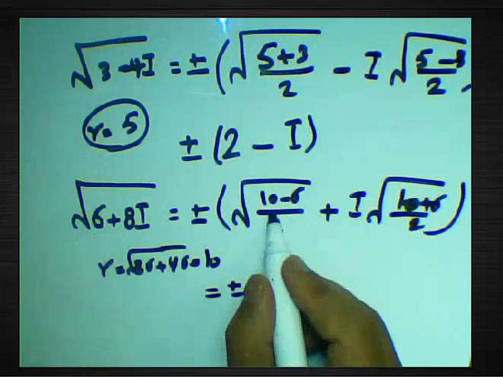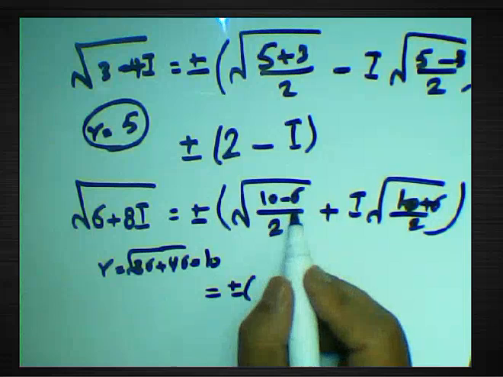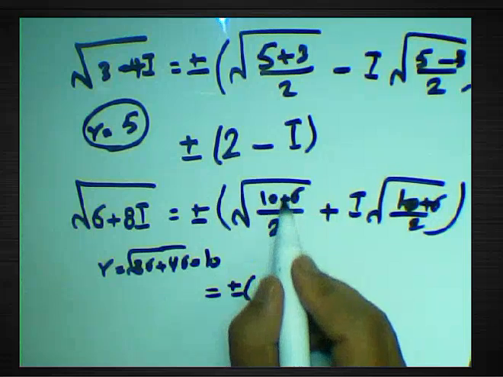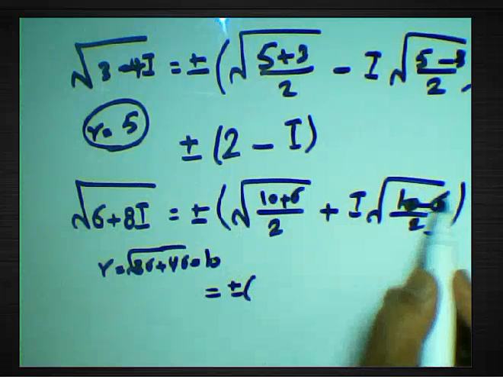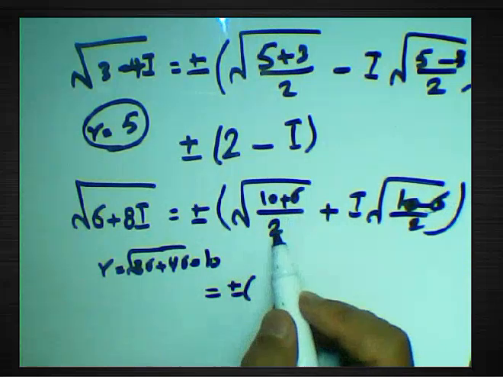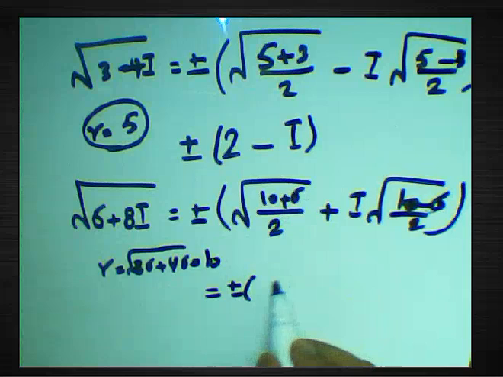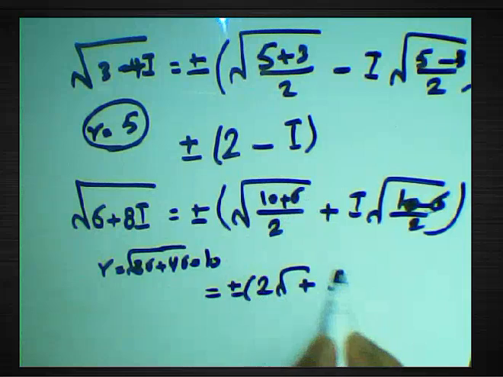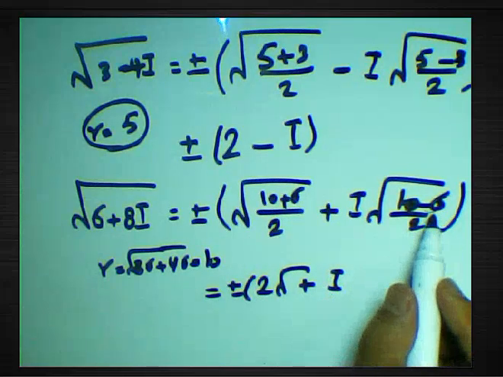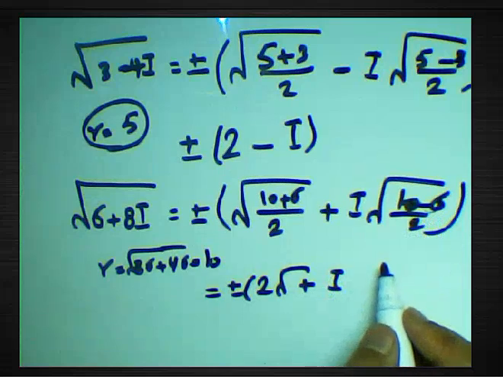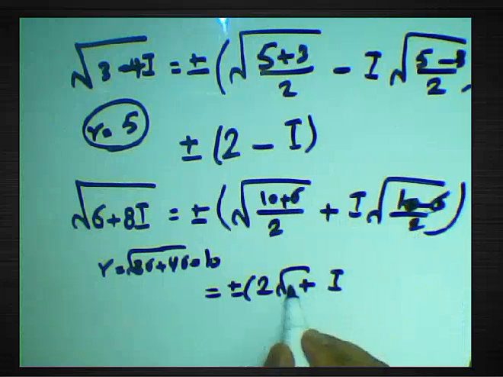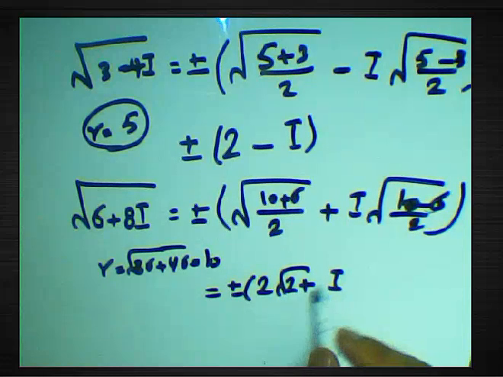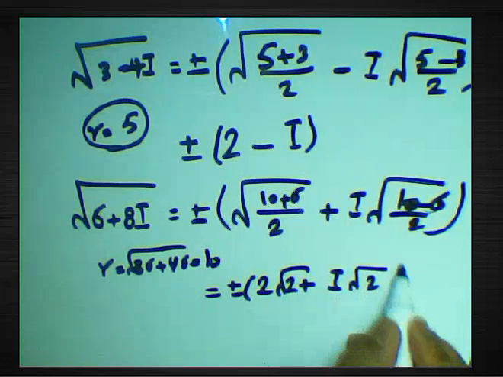We must write the positive here first and the negative here. 10 plus 6, 16 divided by 2, 8. Square root of 8 equal 2 root 2. And write i here equal what? 10 minus 6 divided by 2 equal 2, square root of 2. 2 root 2 plus i multiplied by root 2.